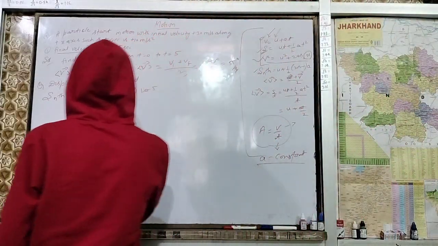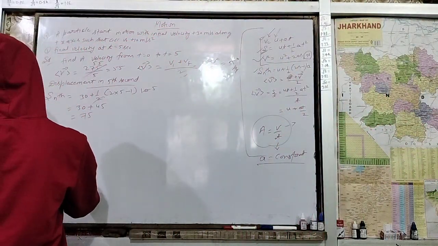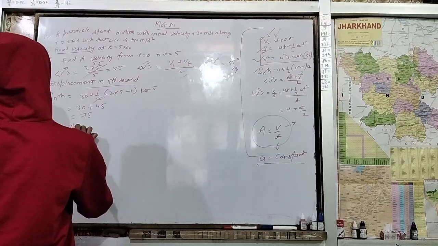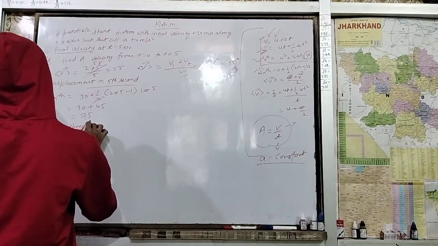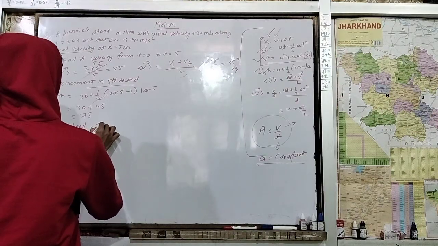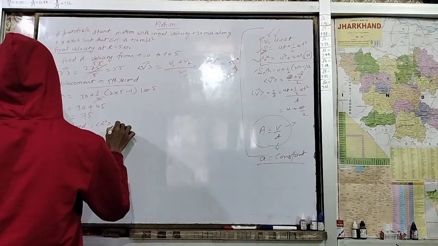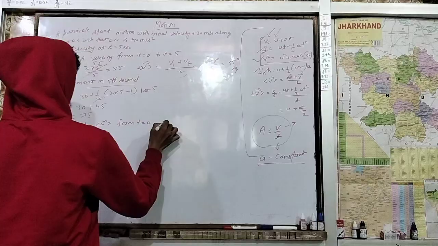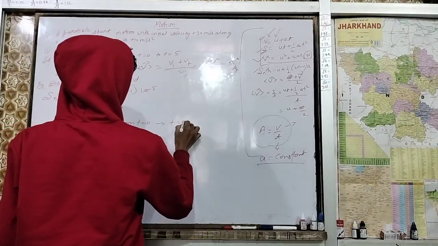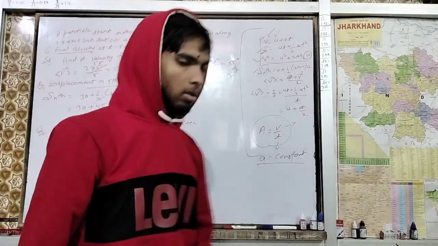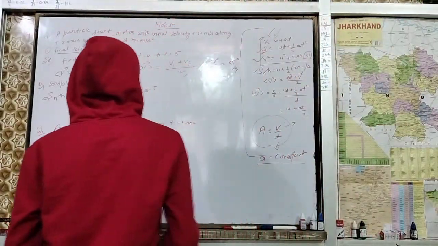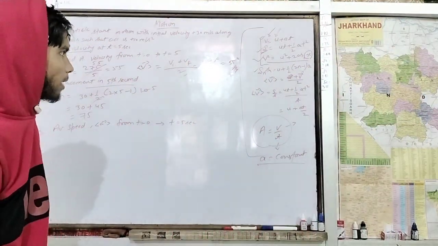Now next, find the total speed. Remember, total speed would be equal to average velocity.